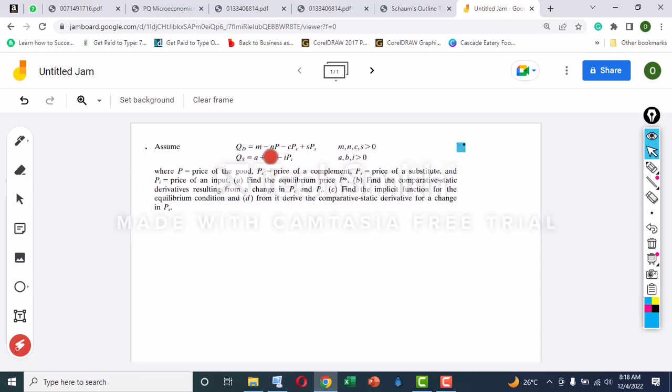So just this P alone, and you see this P alone. That's when we are making it the subject of the formula. So how do we do that? Like I said, it's simple.